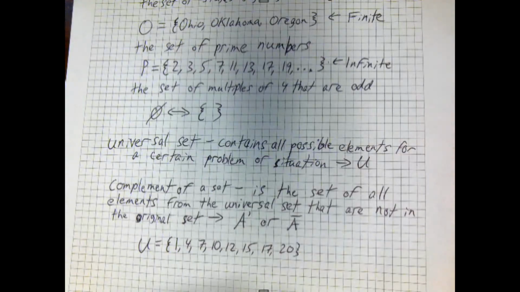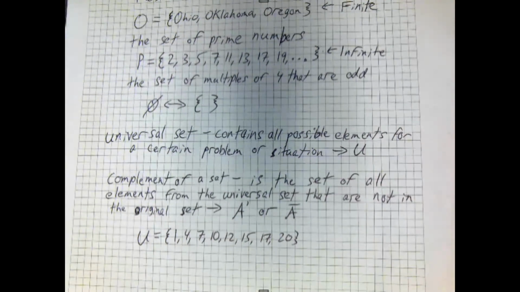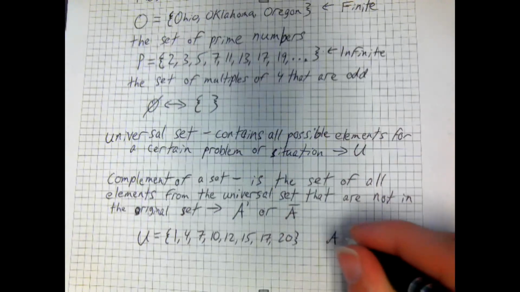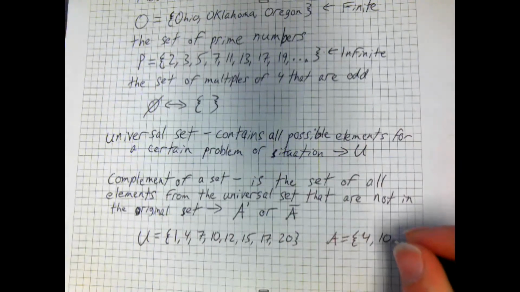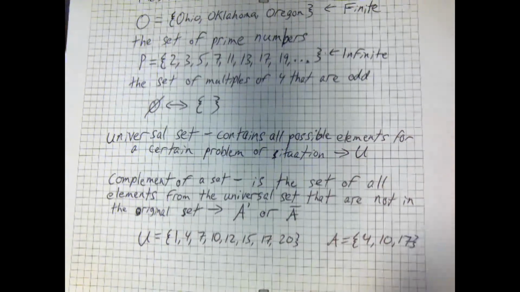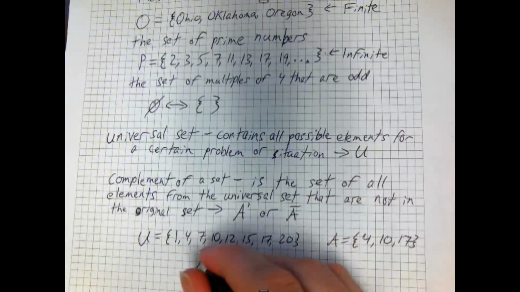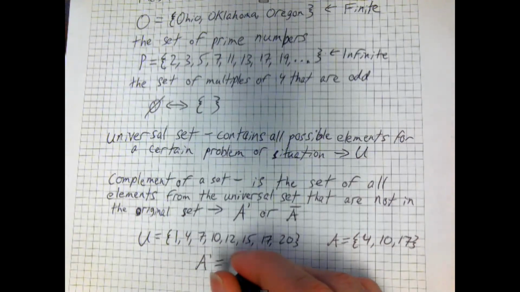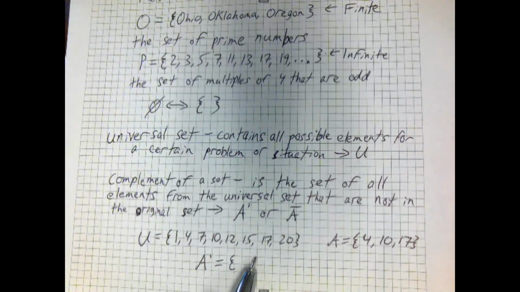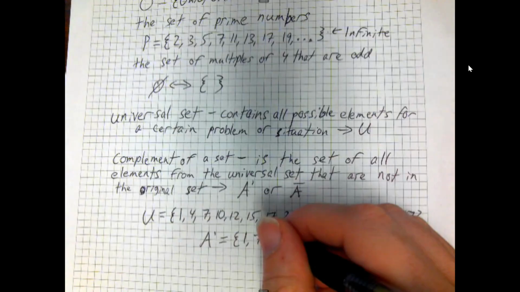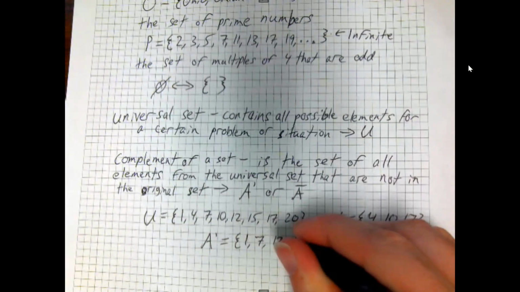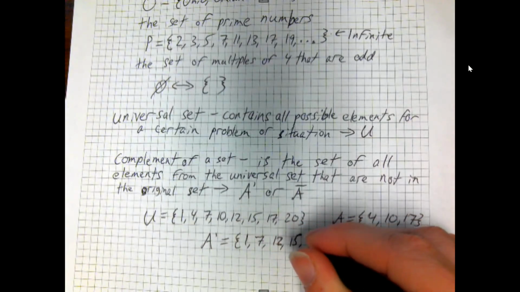So that's the universal set for a given situation. And set A equaled 4, 10, and 17. The complement of A would be all the numbers from this set that are not in this one. So 1, 7, 12, 15, and 20.